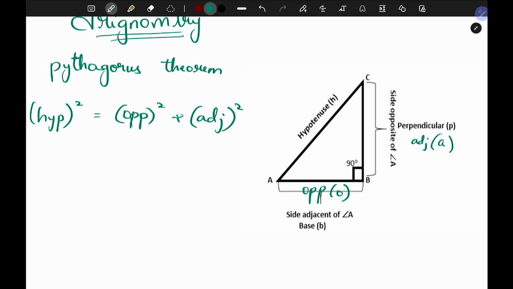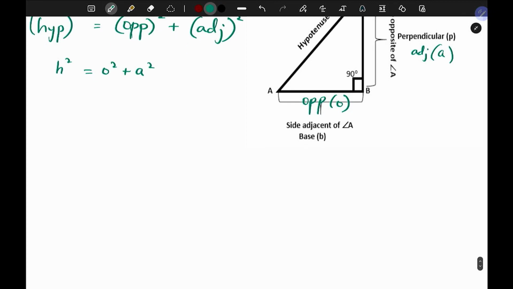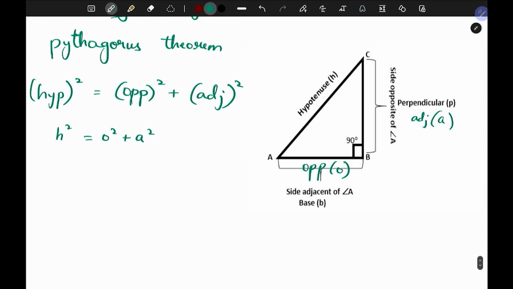Most people have trouble remembering this formula. So if you are unable to remember this, just remember the letters. H square is equal to O square plus A square. And H stands for hypotenuse, O stands for opposite, and A stands for adjacent. Simple.